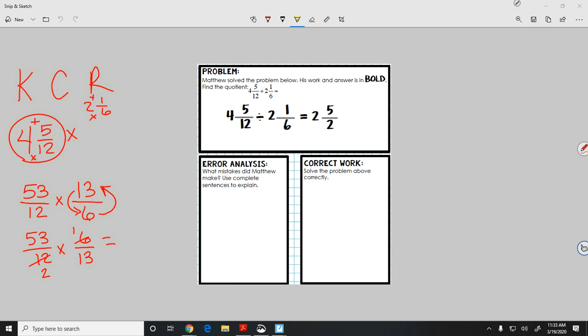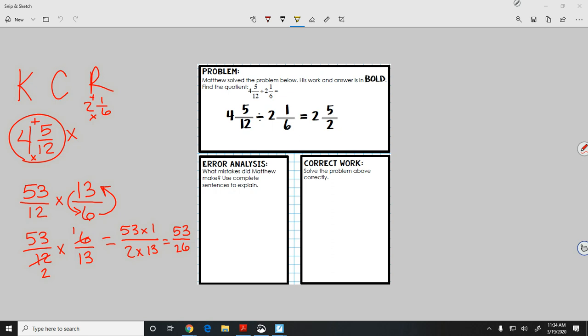So we're going to take 53 times 1 and 2 times 13. 53 times 1 is 53. 2 times 13 is 26.